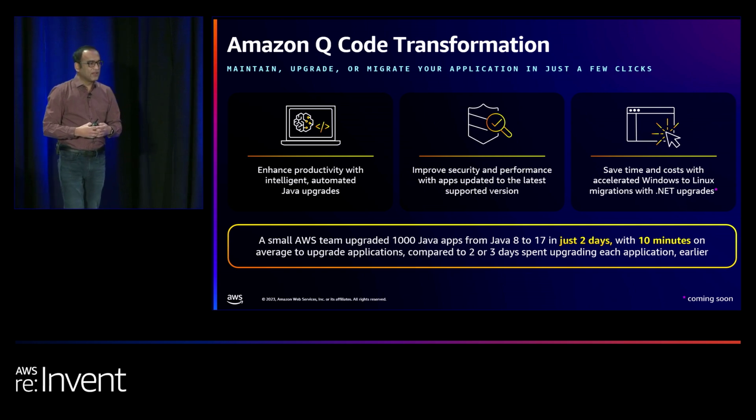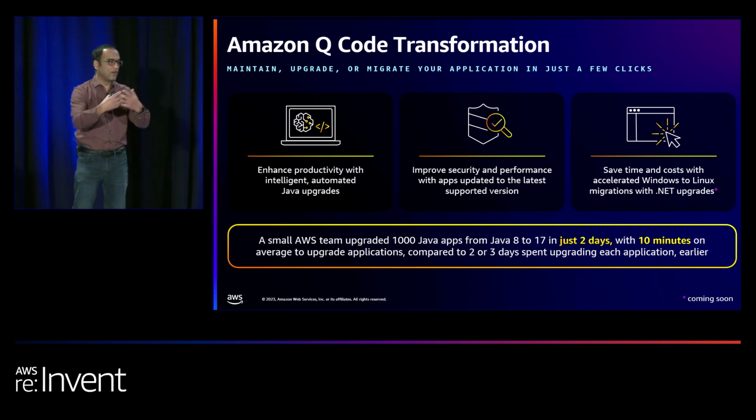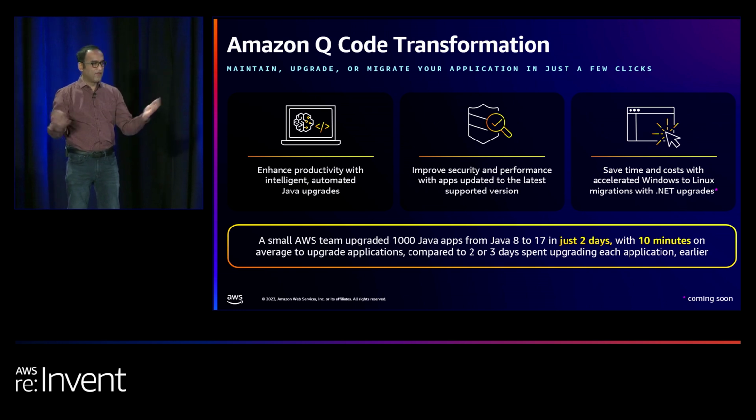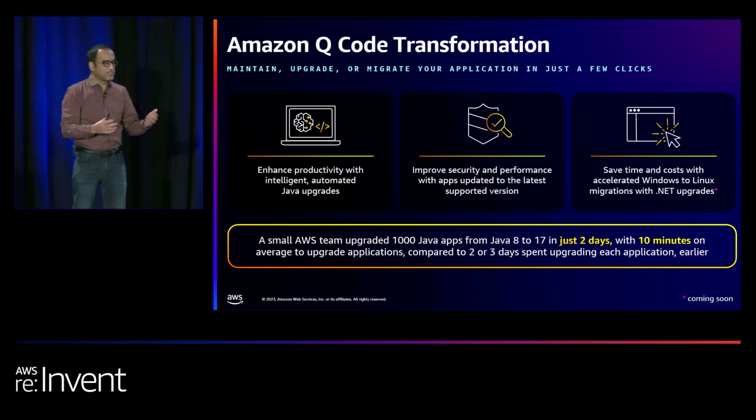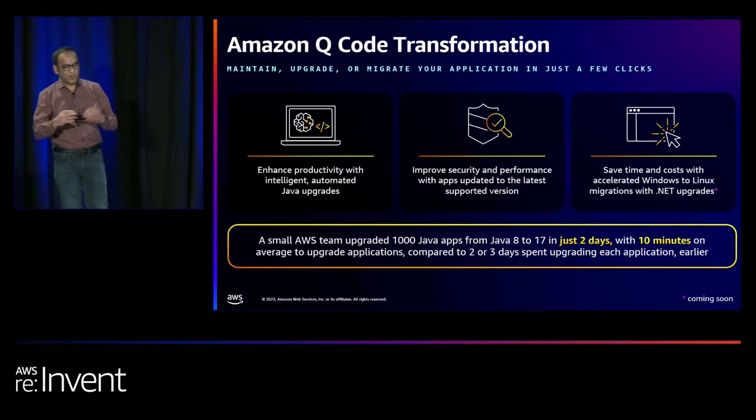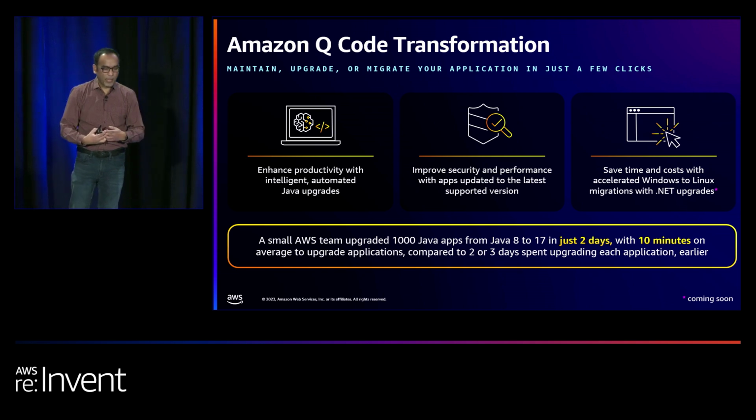In fact, we internally also used this tool before we launched. As I said, we have also mined internal and external applications, but we also wanted to make sure that the system actually works for our own internal applications. And we were able to migrate 1,000+ Java apps in just basically a couple days, with just on an average taking like 10 minutes on each application, but of course some large applications took much longer.